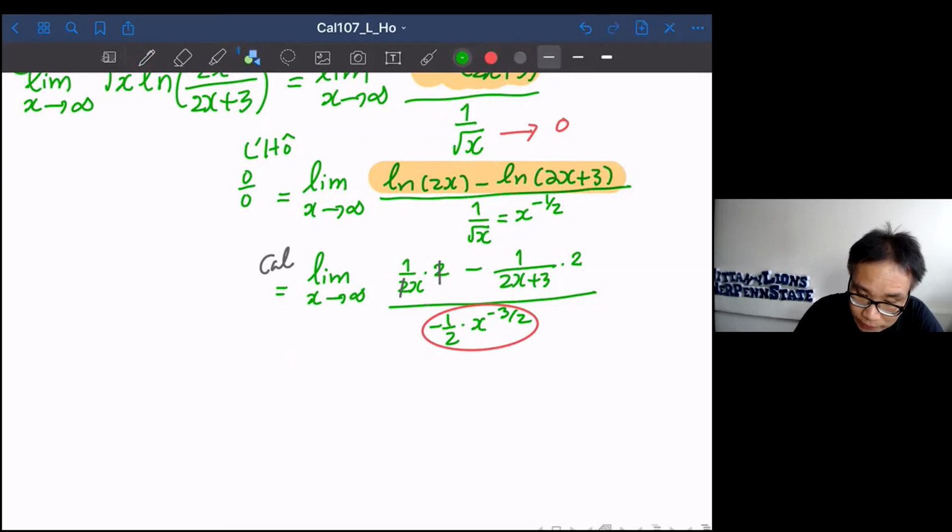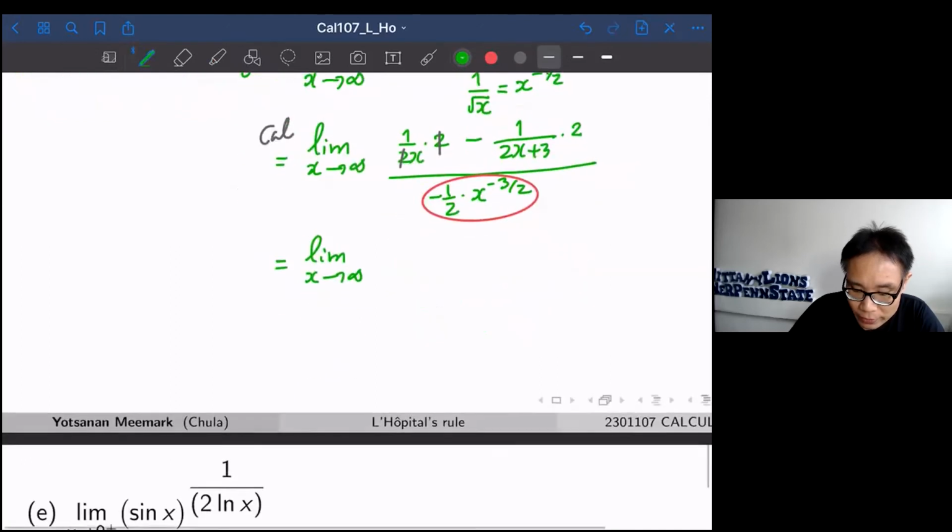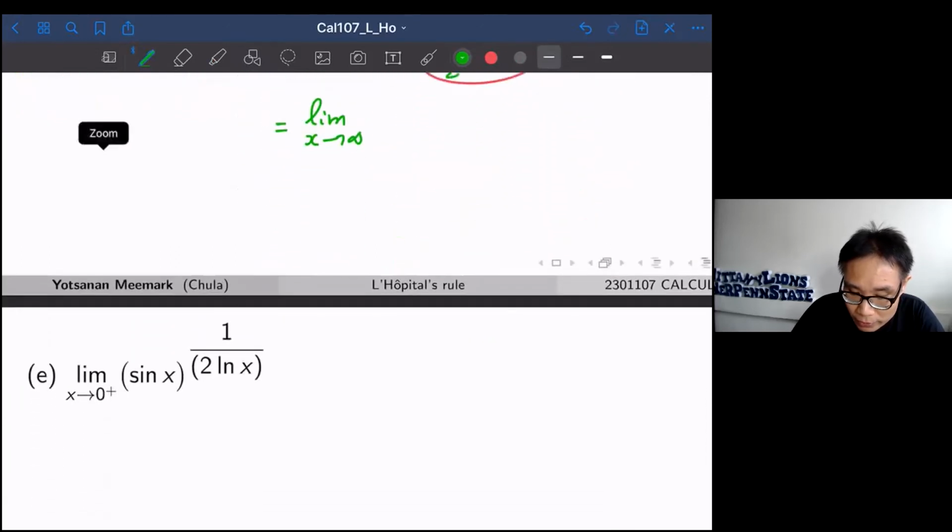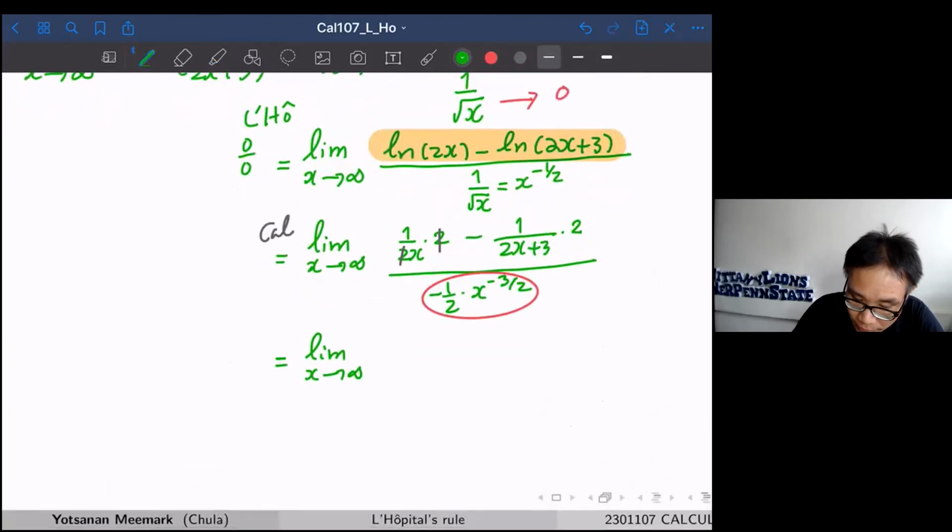So this guy is going to be limit x goes to infinity of 1 over x minus 2 over 2x plus 3. Let me write it here: 1 over x minus 2 over 2x plus 3.